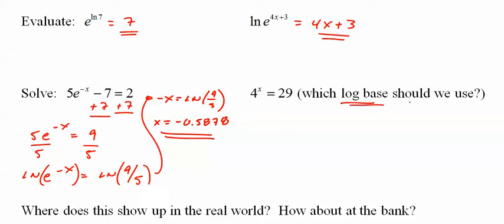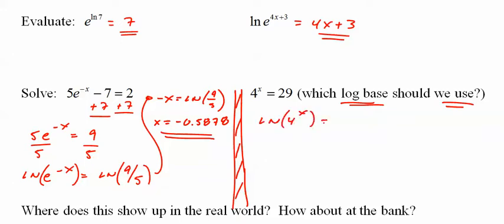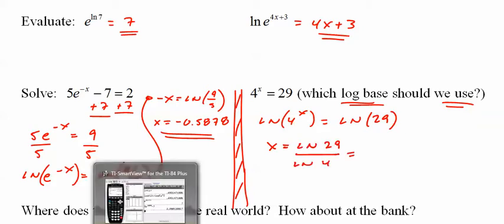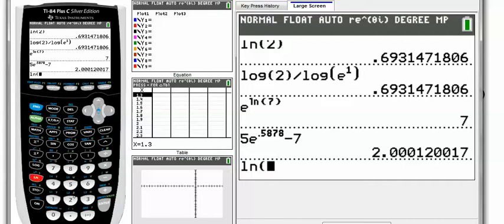Now, which log base should we use here? Doesn't matter. We're in a natural log lesson, so let's use a natural log, but you could use any base you wanted. I could use log base 4 if I knew it on my calculator, but I don't. So I'll do natural log of 4 to the x equals natural log of 29. x equals natural log of 29 divided by natural log of 4.